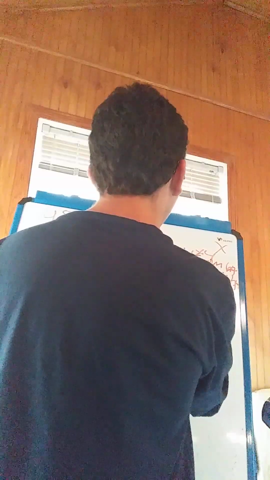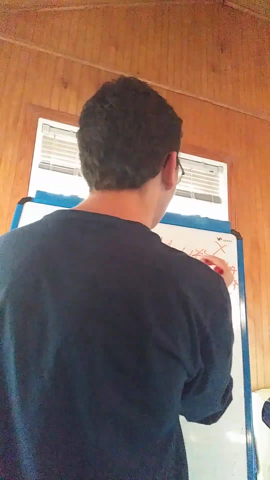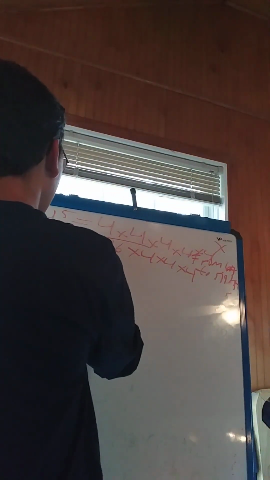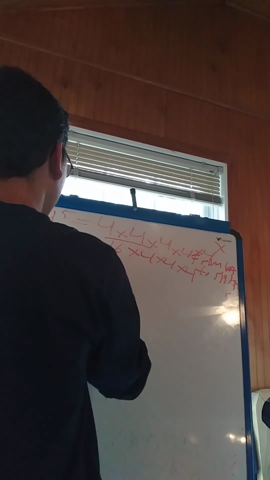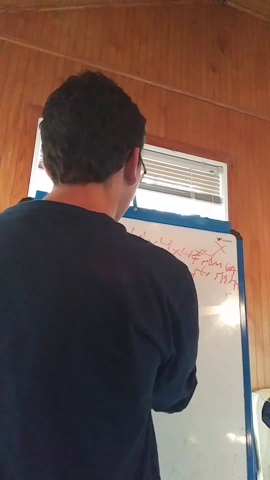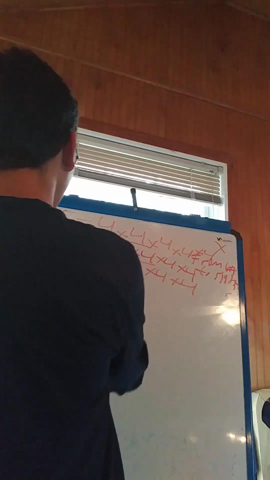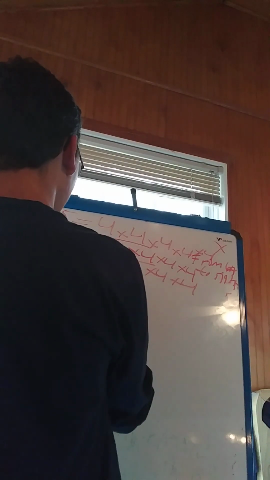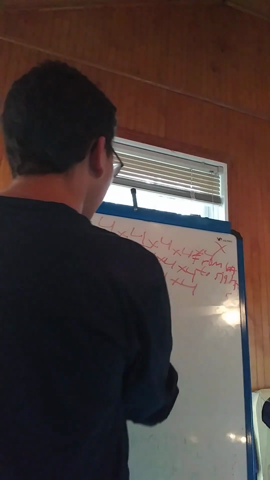We already have two 4s, 4, 4, and then 4. So 16 times 4 is 64. And then we have 2 times 4 left. So then 64 times 4 would be 256.